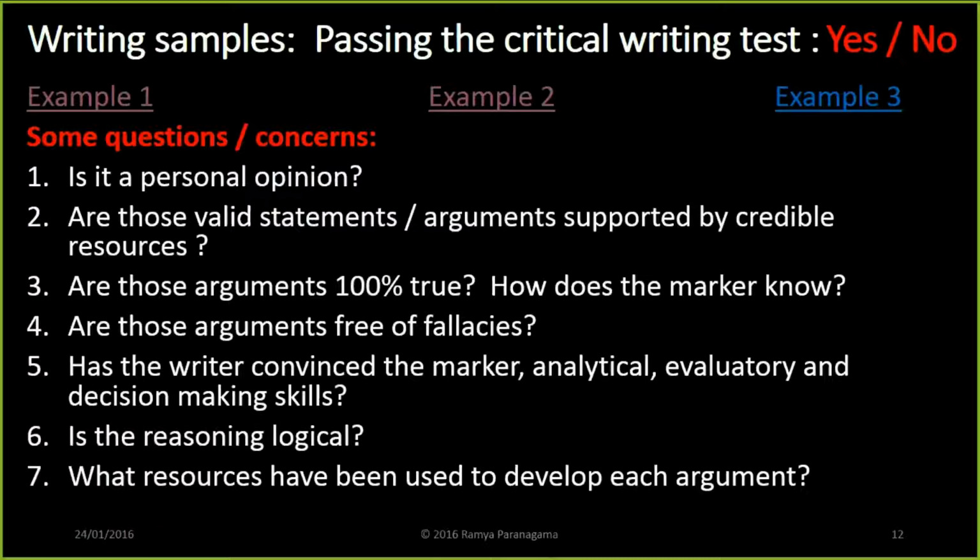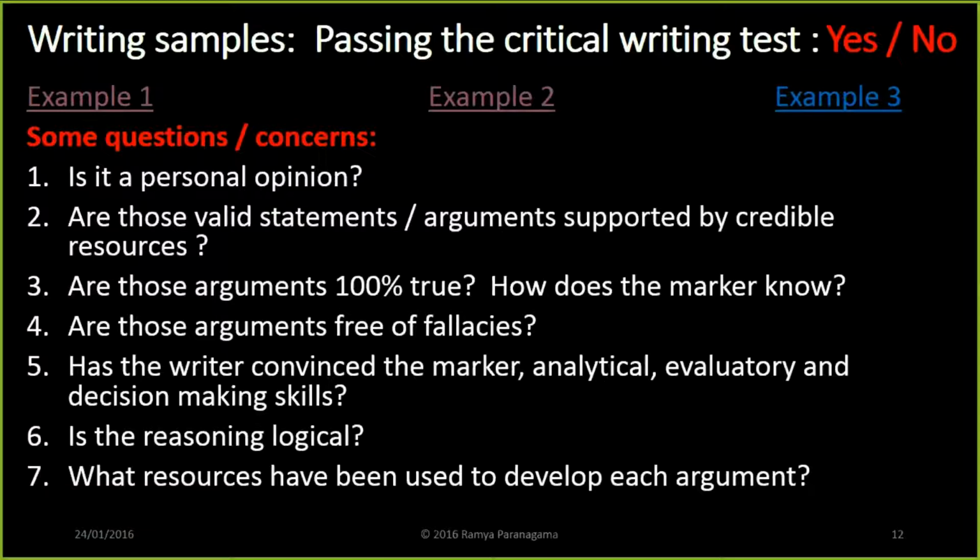It was not proven. Arguments free of fallacy? There can be 100 fallacies there because it is not convincing the reader. Has the writer convinced the marker? Analytical, evaluated, decision making: I pointed out there was absolutely no analysis. Evaluation means finding strengths and weaknesses of what came out of the analysis.